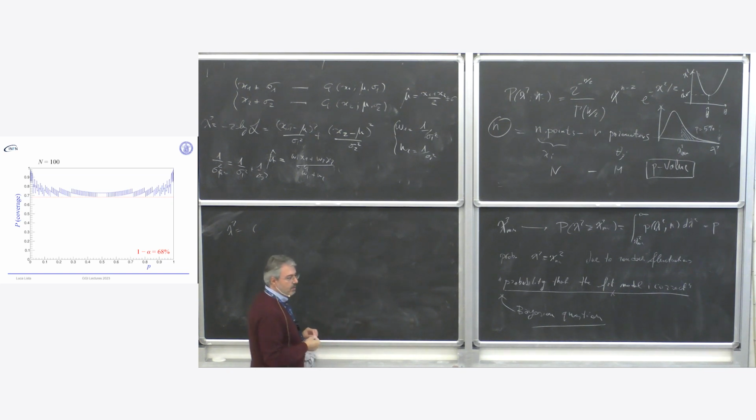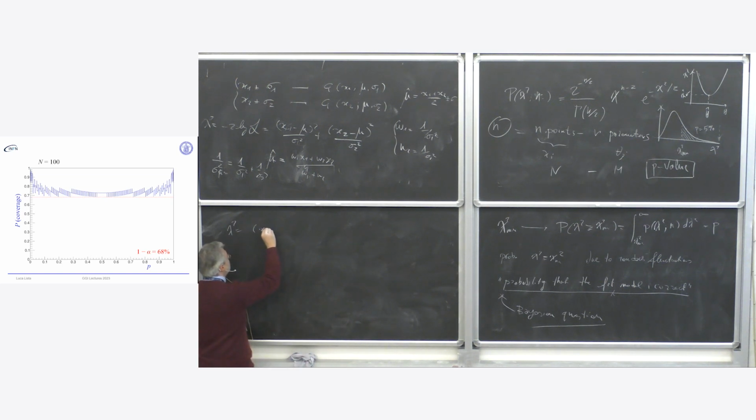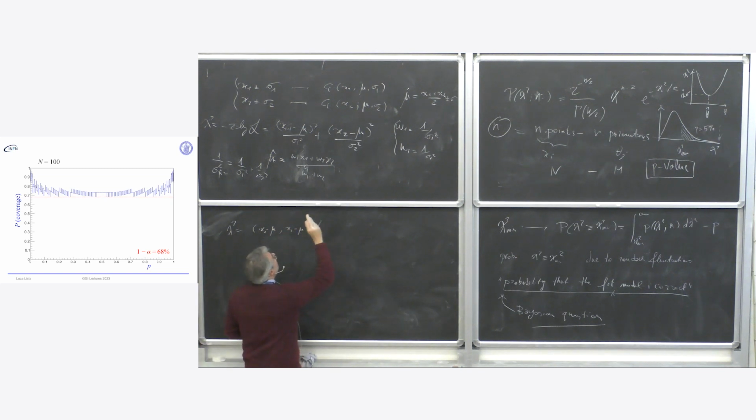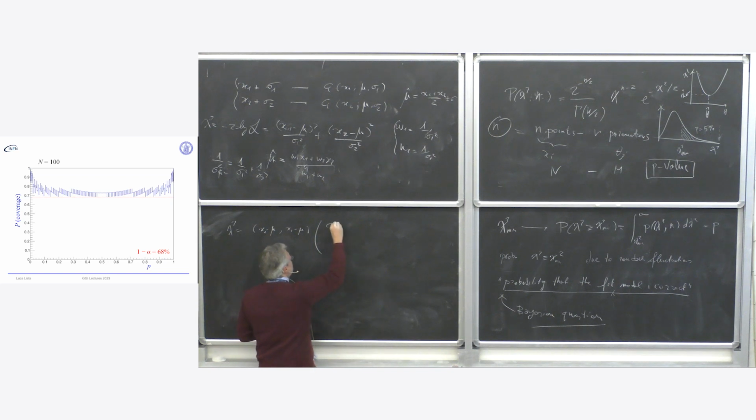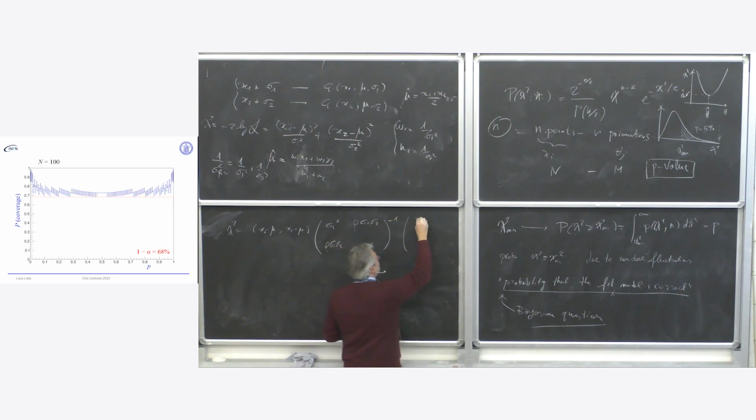We have x1 minus mu, x2 minus mu, times the inverse of the covariance matrix. This has sigma 1 squared, sigma 2 squared on the diagonal, and then the correlation term, rho sigma 1 sigma 2, all to the power minus 1. And then we multiply by x1 minus mu, x2 minus mu.